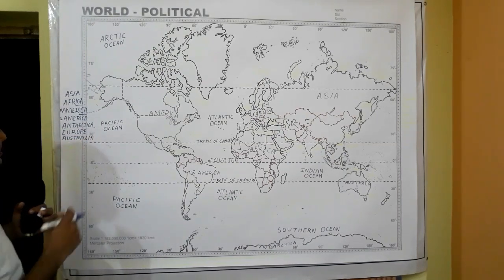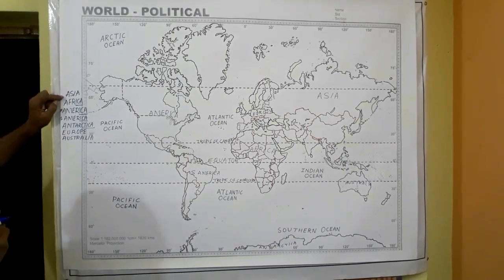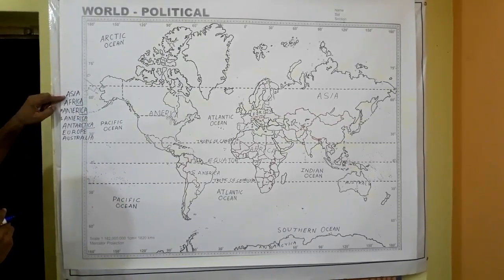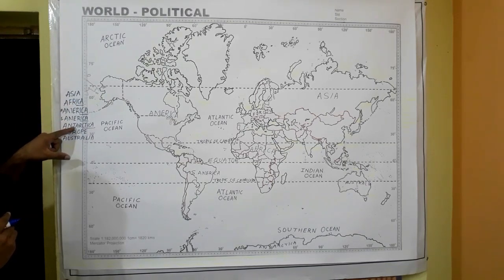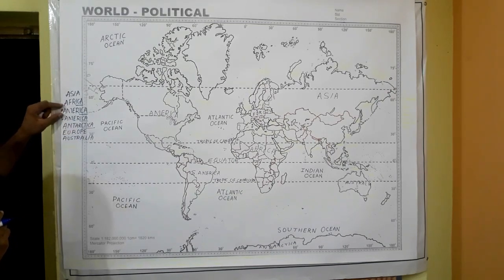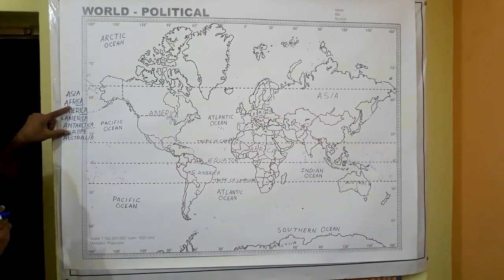Please remember, first is Asia we have written. After that, Africa, America, Antarctica, the ICA ones. But how does Africa come first? Because after A, F is the first letter which comes.